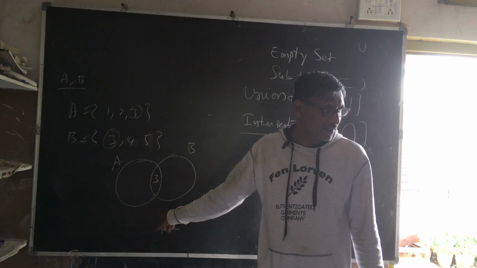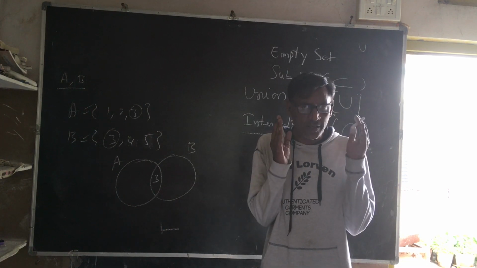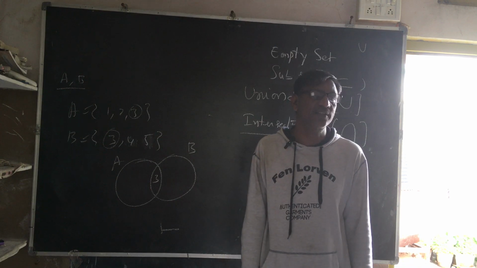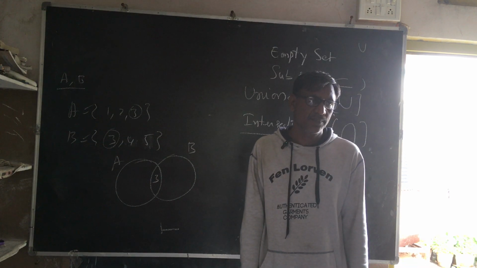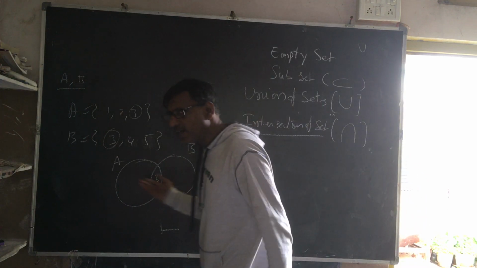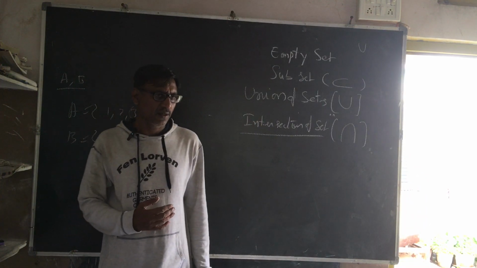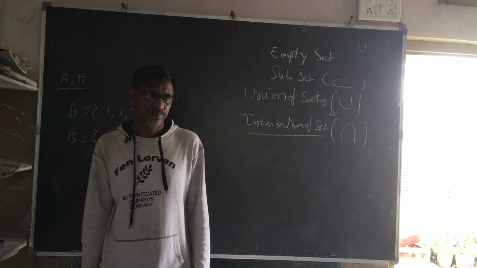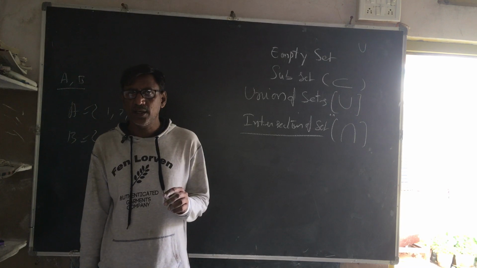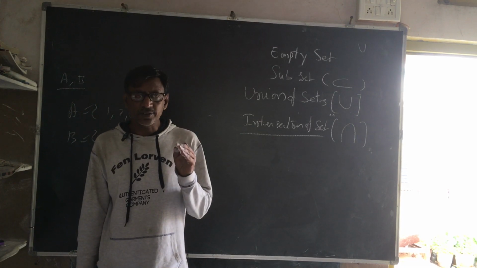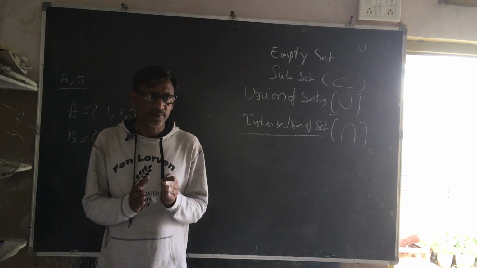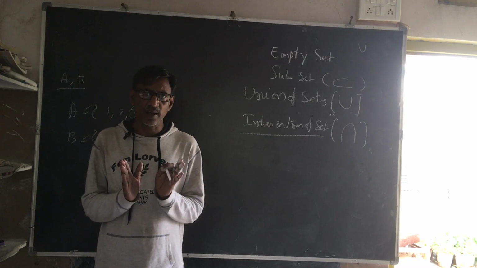We will take only the common element between any two sets, and that is called the intersection of sets. A intersection B is the set of all elements that are in both. The elements of A and elements of B must be common. Am I clear or not?